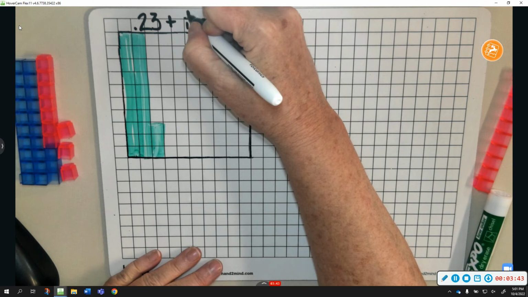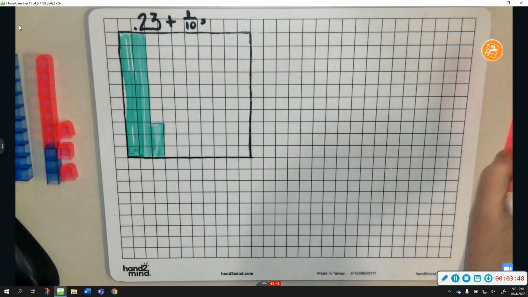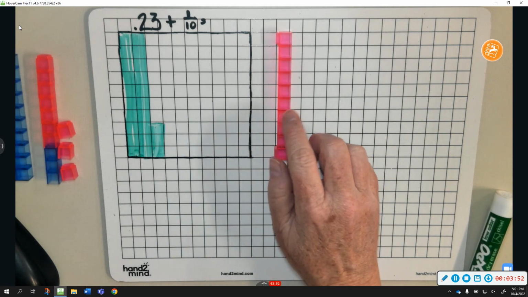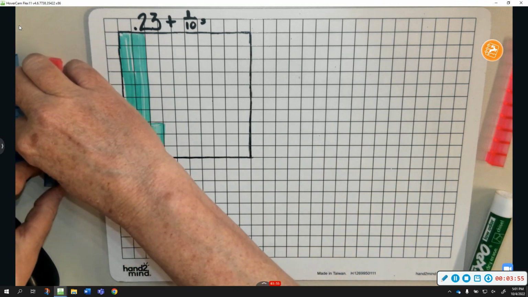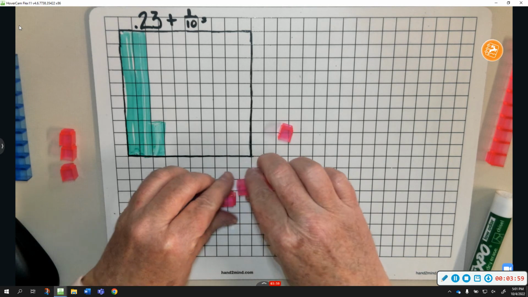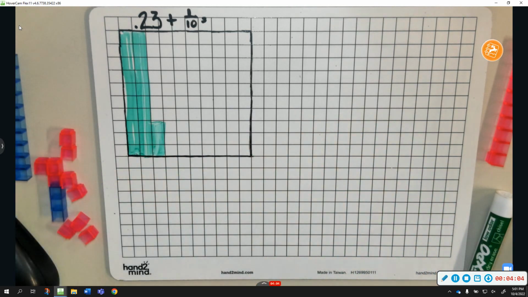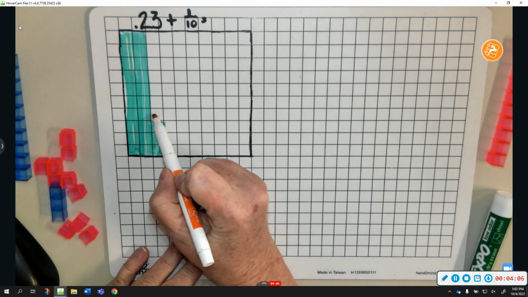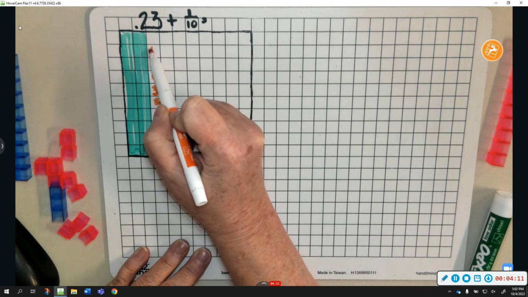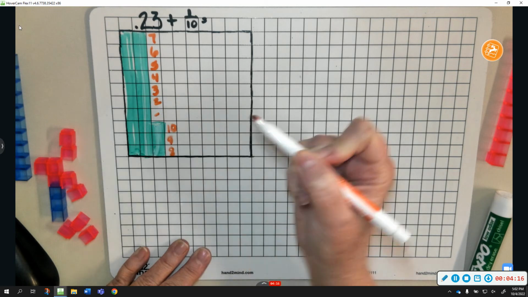Next, I want 1/10. And as we already learned, this is 1/10, but I can decompose that. If I decomposed it, that's when these were decomposed into individual squares. So we're going to decompose it and just count 10. 1, 2, 3, 4, 5, 6, 7, 8, 9, 10.